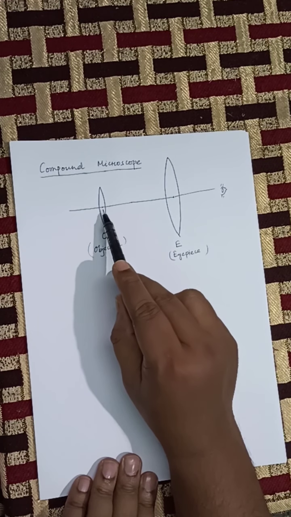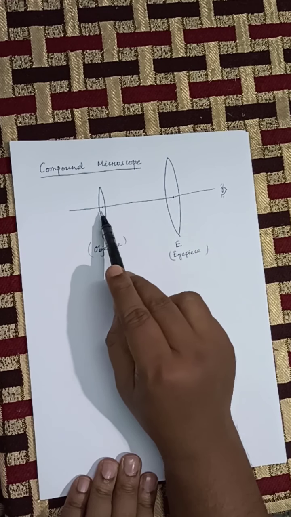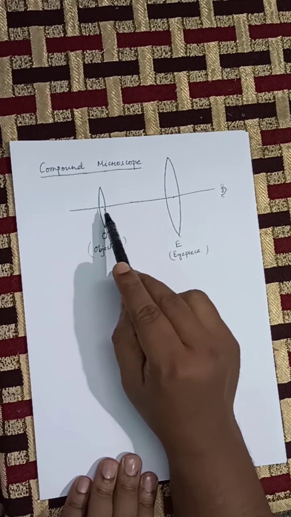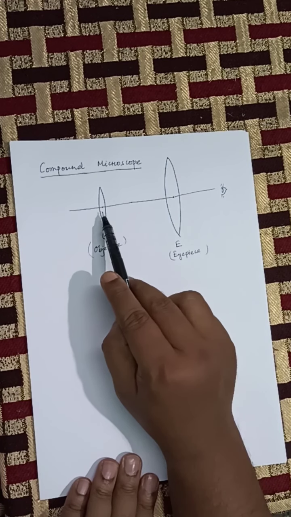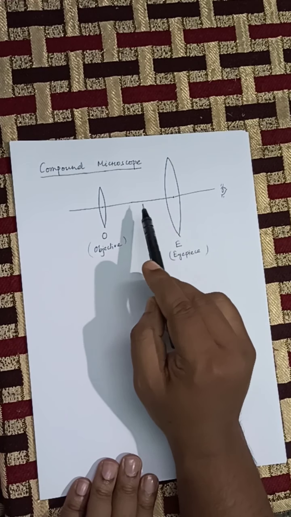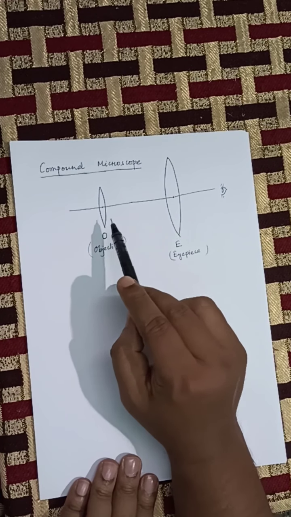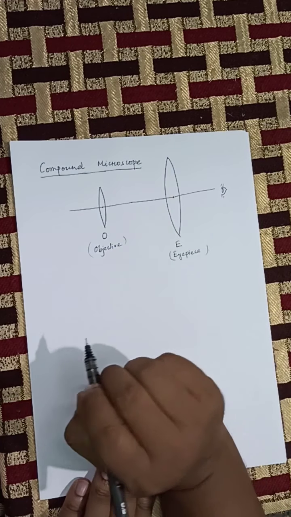Again, both the lenses are placed or separated from each other with a suitable distance. Okay, or we can also adjust the separation between the two lenses by a rack and pinion arrangement.